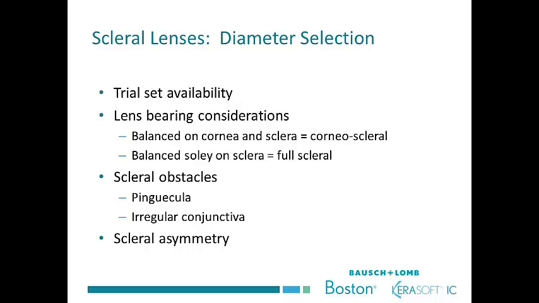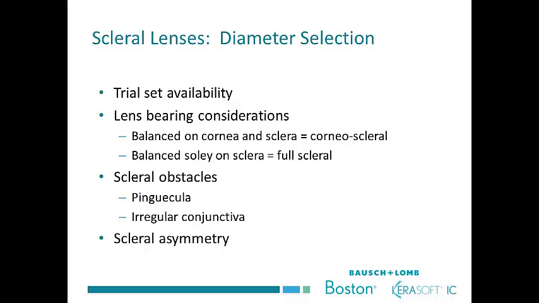Again, there's some exceptions. And so you also want to pay attention to scleral obstacles. If a patient has a pinguecula, you might want to fit inside of it, you may want to lay on top of it, or you may want to go beyond it. Or if they have conjunctival irregularities, if they happen to have a symblepharon in the way, or if they happen to have surgically manipulated conjunctiva in cases of strabismus surgery or retinal surgery, you might want to fit a smaller lens to avoid some of these obstacles.